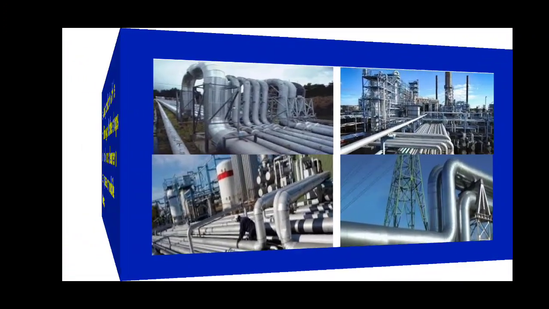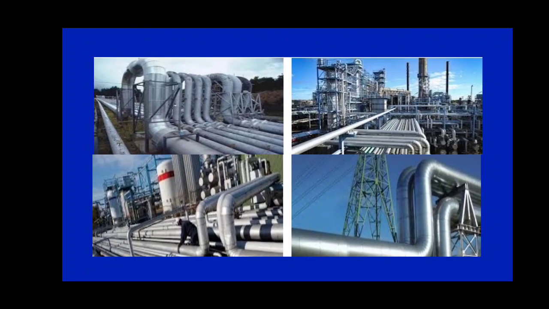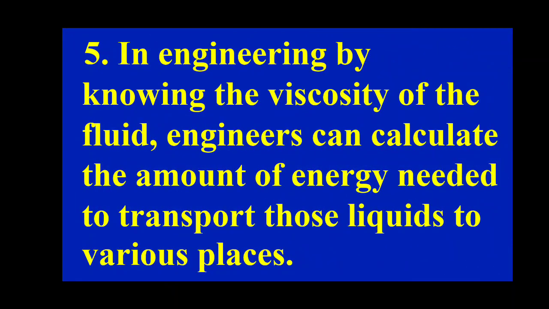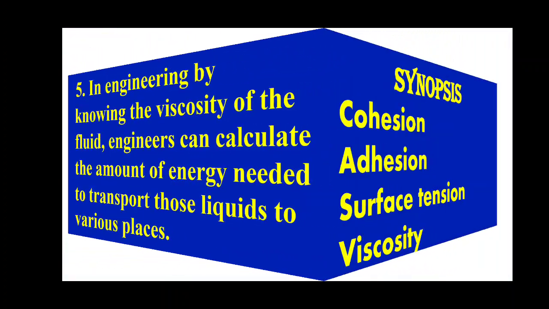In engineering, by knowing the viscosity of the fluid, engineers can calculate the amount of energy needed and design the pipes to transport those liquids to various places. Designing of pipes becomes easier when they know the viscous force produced by any liquid.